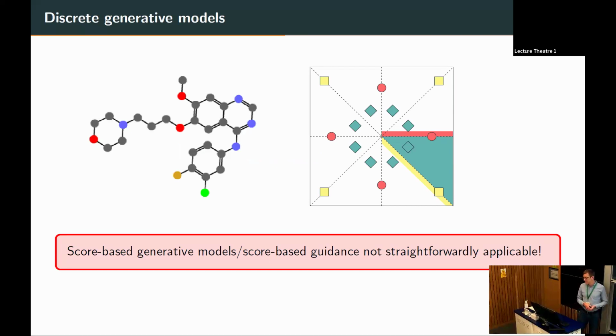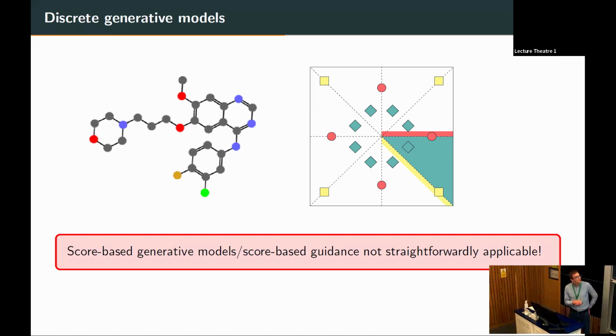The reason we have focused mainly on this is that score-based generative models and score-based guidance techniques are not readily available for applications when X is a discrete variable. We are interested in generating things like molecular graphs, or what's shown here, a representation of a crystal, so generating materials.